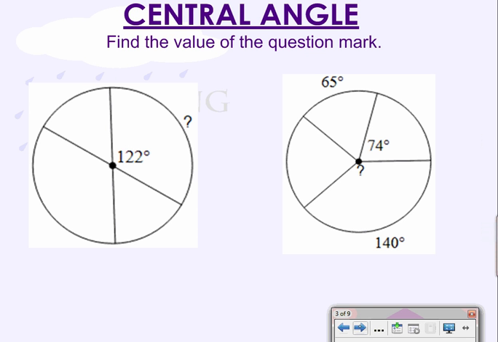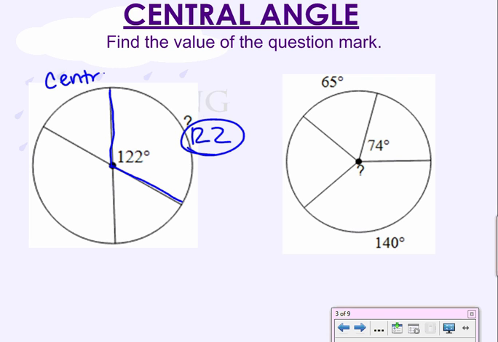So let's look at an example. Here we have an angle that is 122 degrees, and we want to know its intercepted arc measure. It's just going to be 122 degrees, because remember, our property is telling us that the central angle is equal to the intercepted arc.